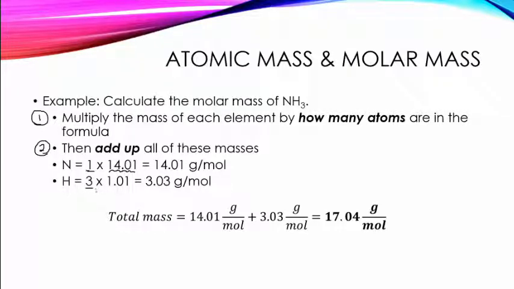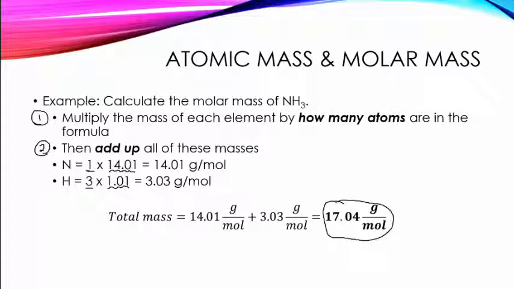We have 3 hydrogen atoms, and each hydrogen is 1.01. So that gives us 3.03. When we add those together, which is the second step, the total mass of ammonia is 17.04. So when we're looking at the total mass of ammonia, NH3, it's 17.04.